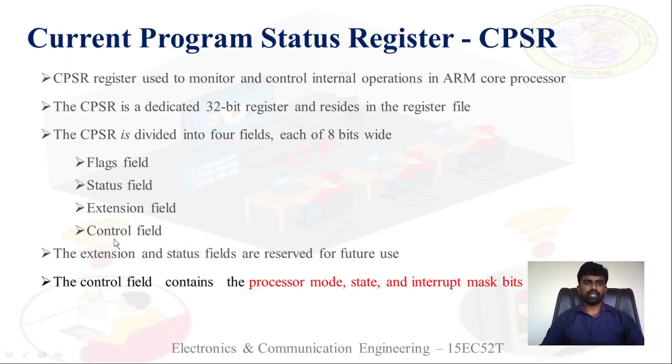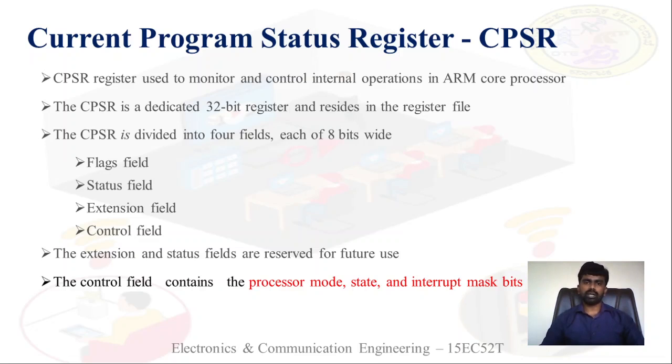The control field, the fourth field, contains the processor mode, state, and interrupt mask bits. Processor modes are used to select a particular processor mode. There are 7 different processor modes: user mode, abort, IRQ, FIQ, undefined, supervisor mode, and system mode.